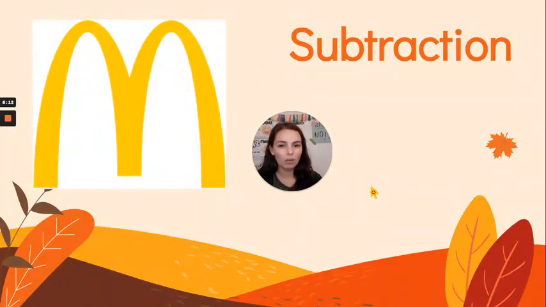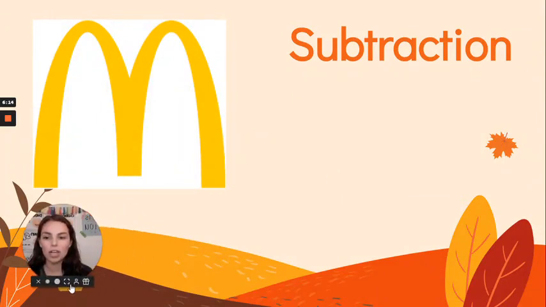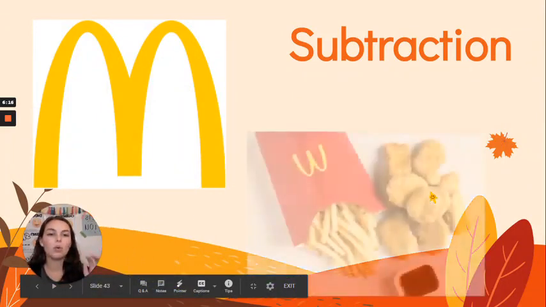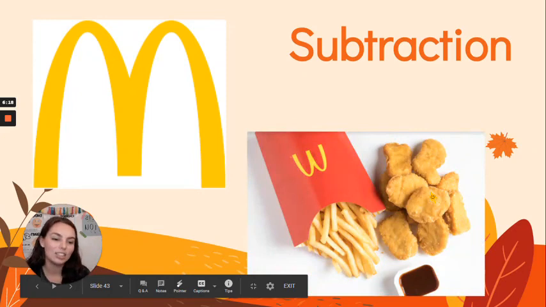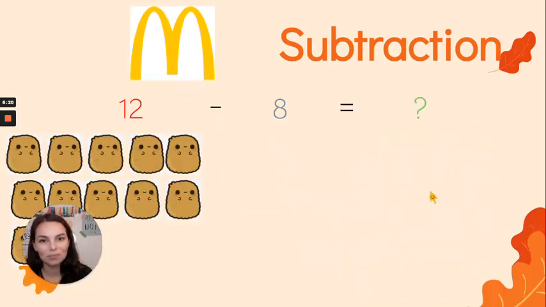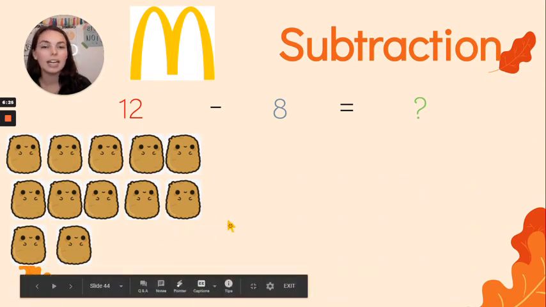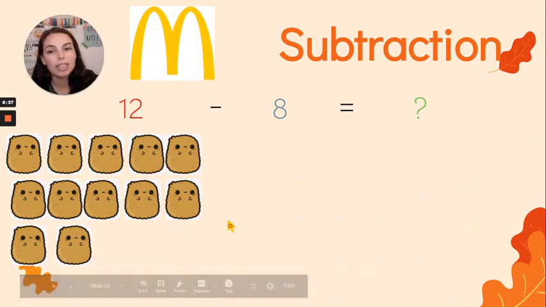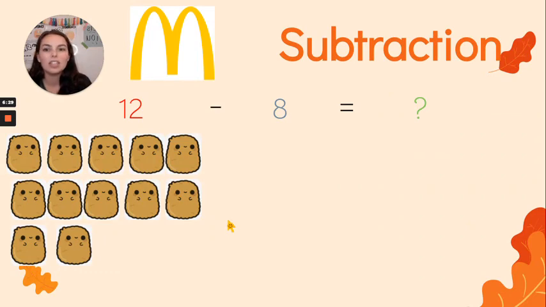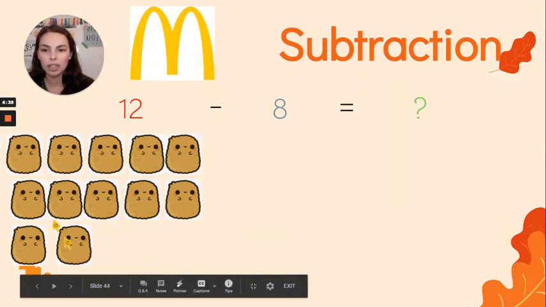Okay. And now when I was talking about subtraction, I gave you the example of Miss Six going to McDonald's and getting a chicken nugget meal. So pretend I had 12 chicken nuggets, and guess what? I was being clumsy and I dropped 8. So I'm subtracting. I lost those because you can't eat chicken nuggets off the floor. So when I'm subtracting, I draw my 12 nuggets. But then, do I draw 8 more?